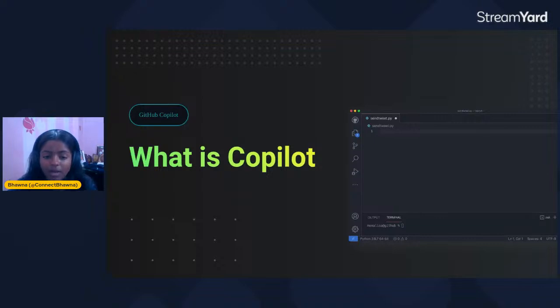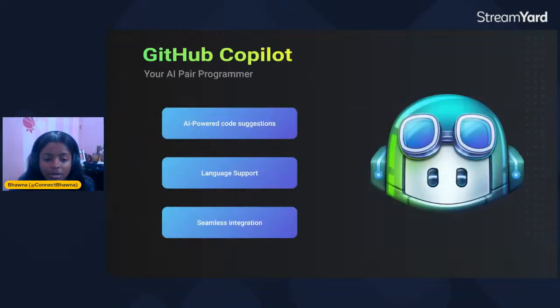You might have a question: what is GitHub Copilot? It is your AI pair programmer inside your IDE. It gives certain suggestions on the code base. It's the same thing we do in Bard and ChatGPT: we provide some prompts, and on the basis of that, ChatGPT or Bard gives suggestions. Say you want the code for adding two numbers in C++ because you do not know it, but you are a proficient developer in Python.